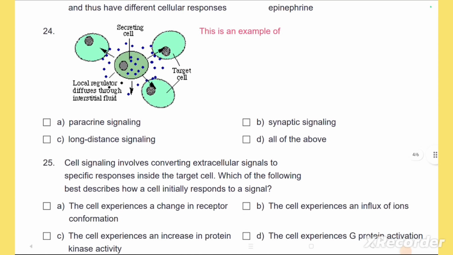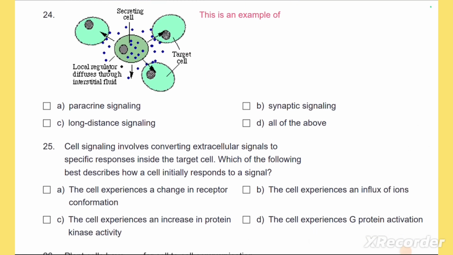Next one. Cell signaling involves converting an extracellular signal to a specific response inside the target cell. Which of the following best describes how the cell initially responds to a signal? Option A, the cell experiences a change in receptor conformation. Option B, the cell experiences an influx of ions.